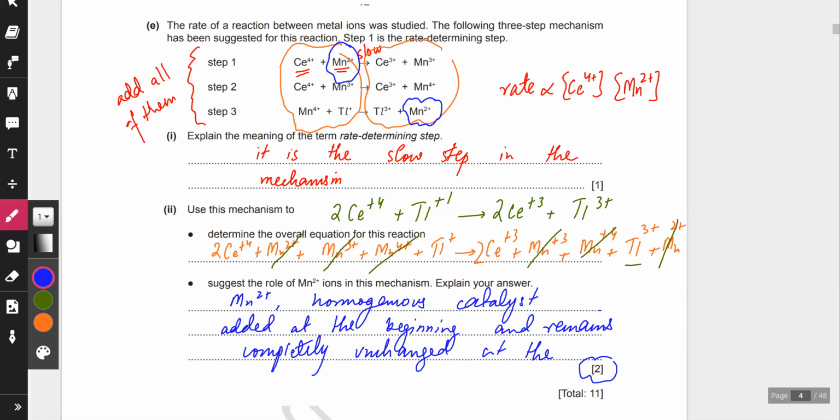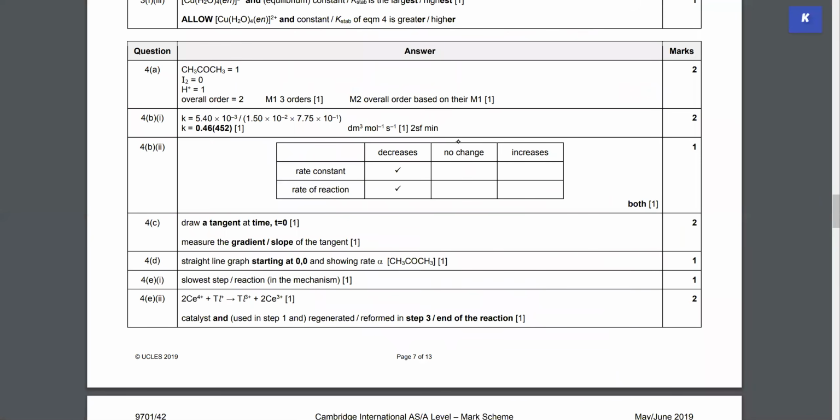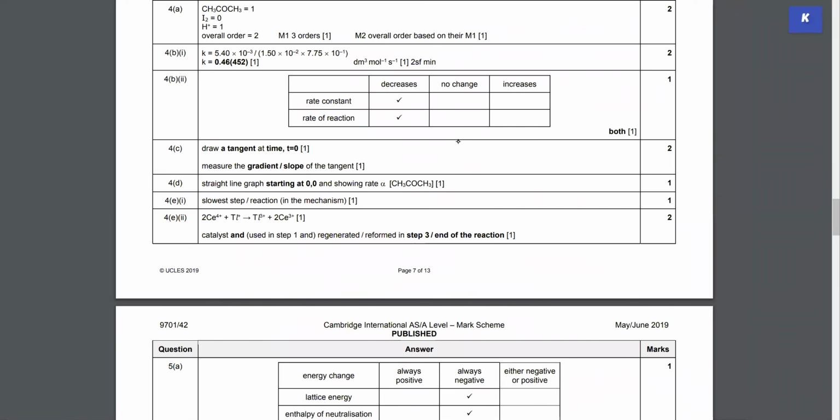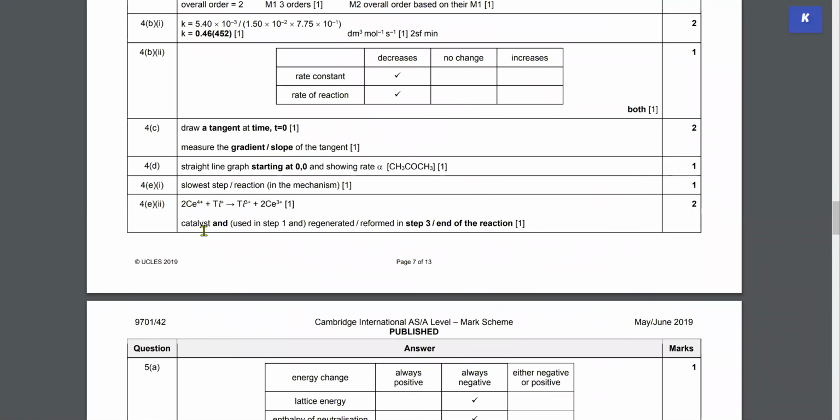At the end, just to confirm, because we have the marking scheme open, whether we wrote it correctly. Homogeneous, no mark for that.